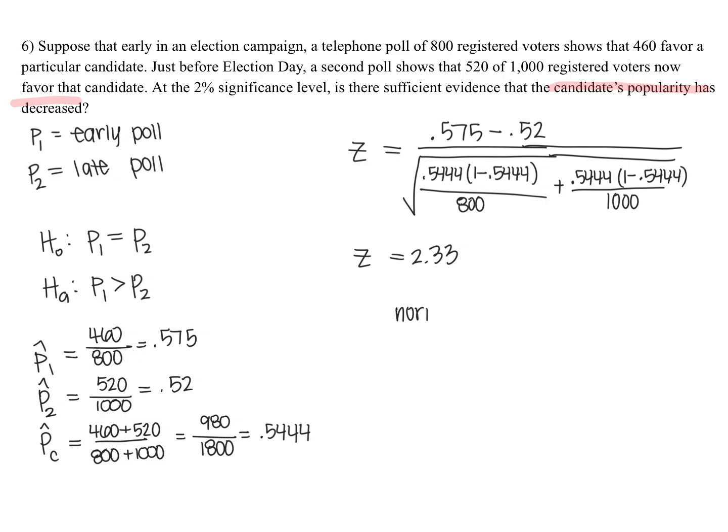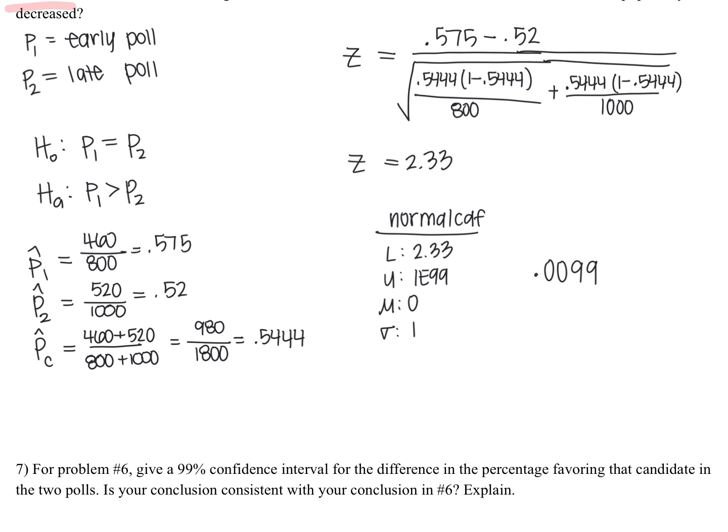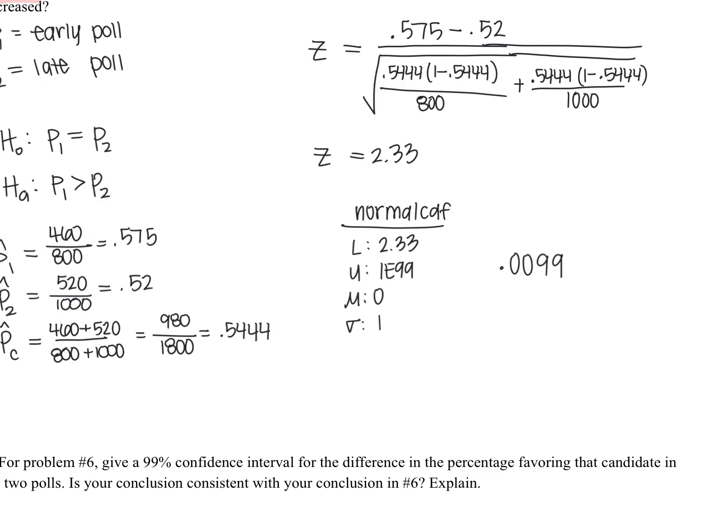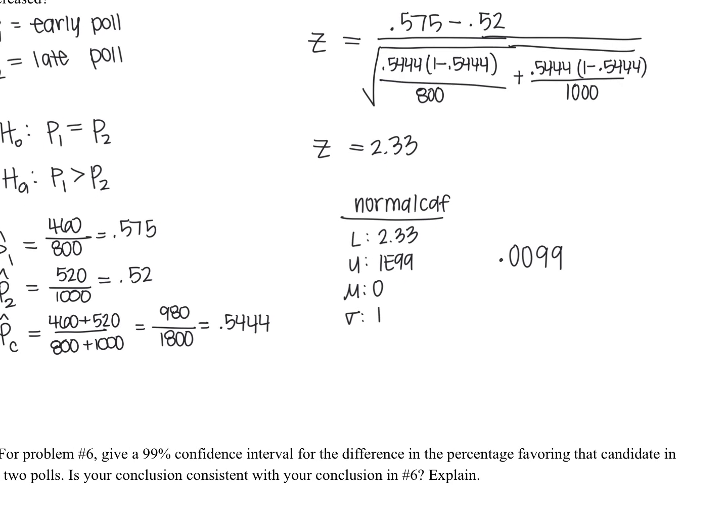So now we're going to go to normal CDF. Our lower bound is our test statistic, 2.33. The upper bound is 1E99, mean of 0, standard deviation of 1. And we are going to get 0.0099. Okay. Now we compare this to our alpha, which is 0.02.